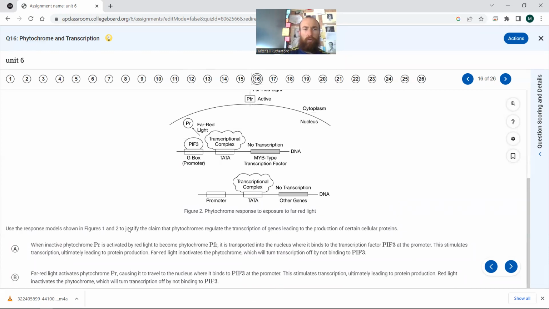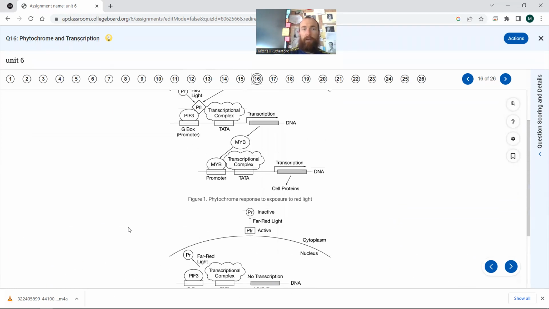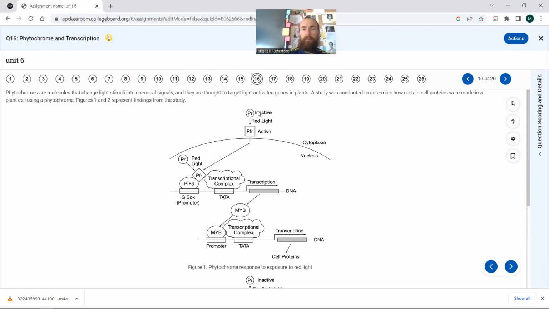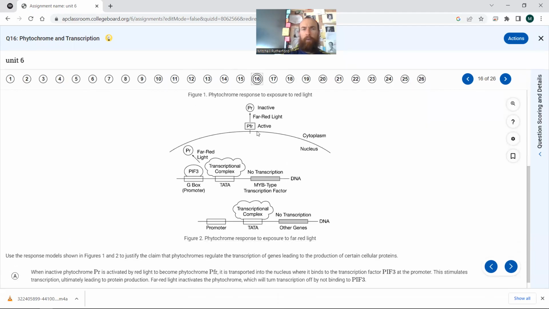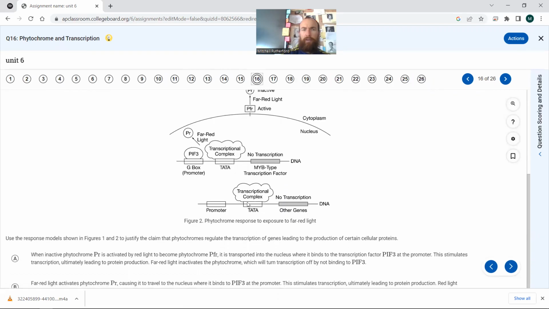Okay, so that seems like what's going on. We had red light, and now it's active right there. And then in the end, when it's active, do we see transcription or no transcription?